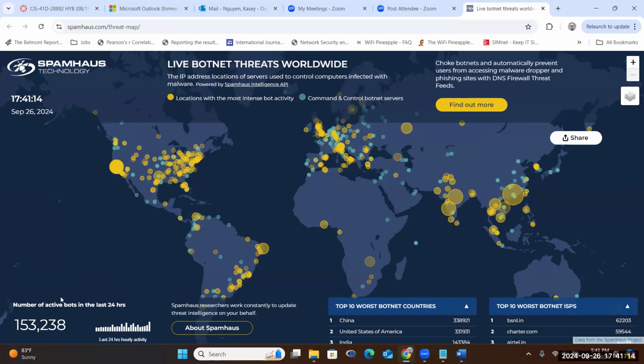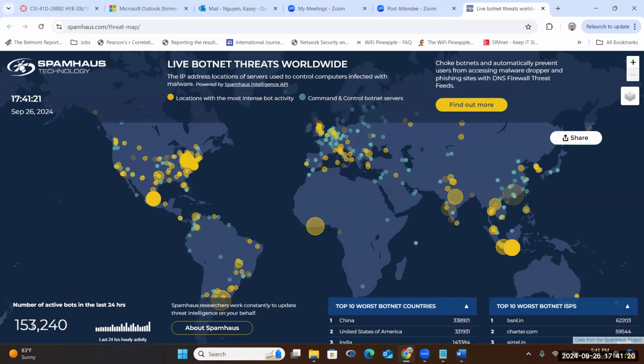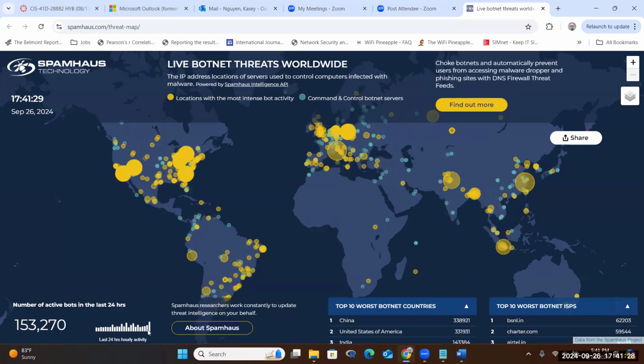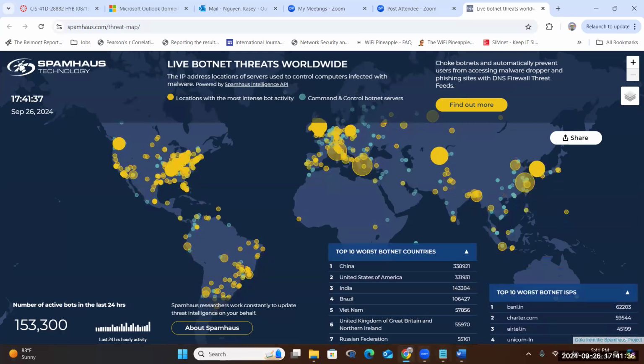Sometimes you see this more in the 200s versus right now it's at 153, and then sometimes it will drop lower or higher. So it varies. And they do gather that, so they build out the data analysis for you here. Kind of cool to see.